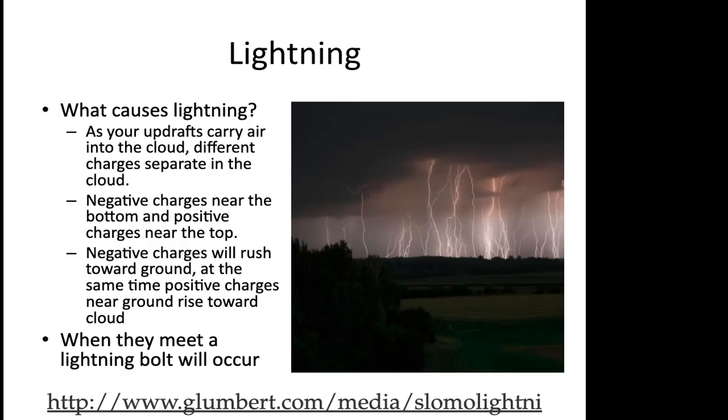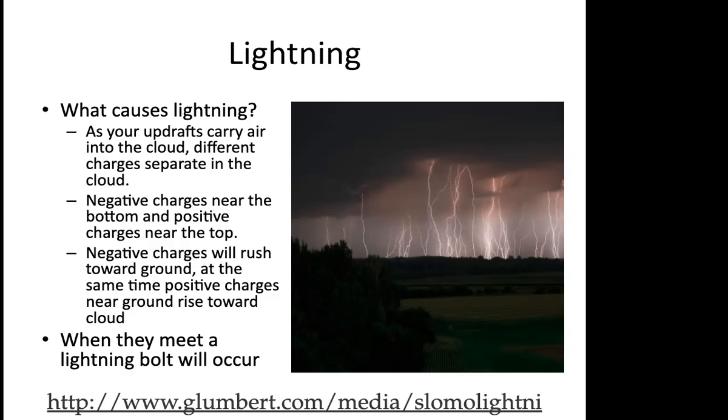We talked about charges when we talked about atoms, neutrons, protons, electrons. So the negative charges will rush toward the ground. At the same time, the positive charges near the ground rise toward the cloud. So positive up here, negative down here. When they meet, that's when a lightning bolt will occur.